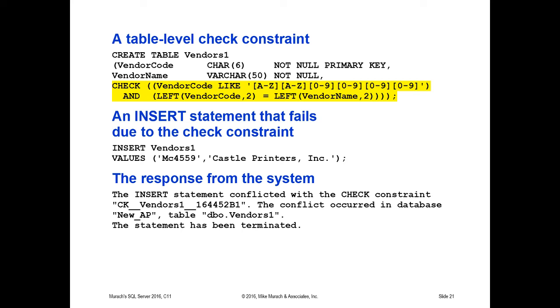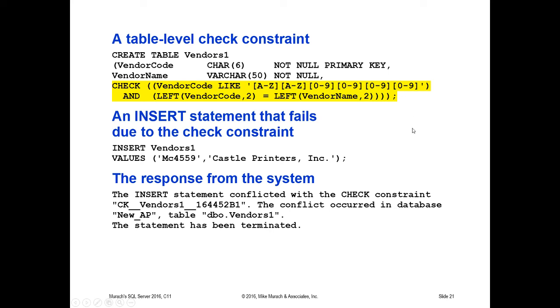Now here's a more involved table level check constraint. We're saying the vendor code has to be like this whole key, right? And we're saying that column 1 must be an uppercase letter. The next column must be an uppercase letter. Next we have a number, a number, a number, and a number.